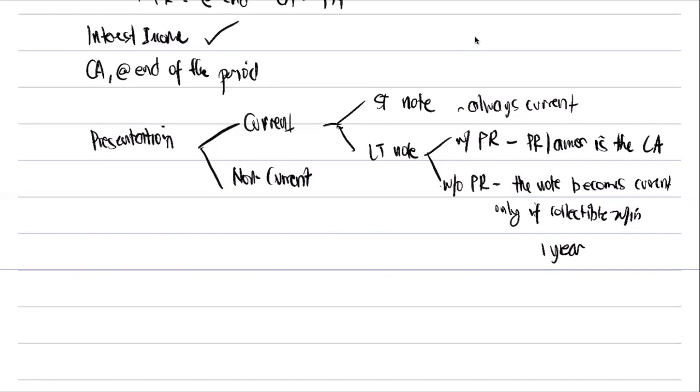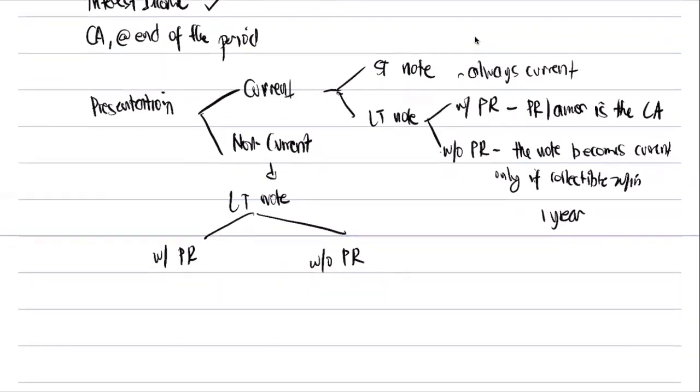Okay, how about non-current? For non-current, this applies only for long-term notes, whether with principal repayment or without principal repayment. If it's with principal repayment, the amount of non-current is the carrying amount subsequent to the date of reporting.